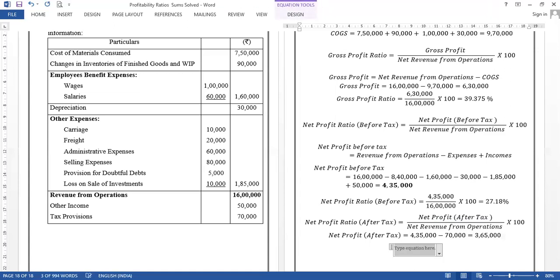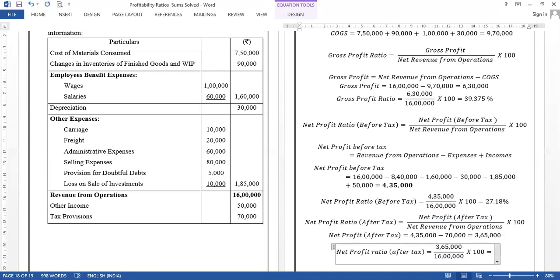So let me calculate the ratio now. Net profit ratio, right? And let me write there, after tax. Net profit ratio after tax will be equal to 3 lakh 65,000 to be divided by 16 lakhs into 100.